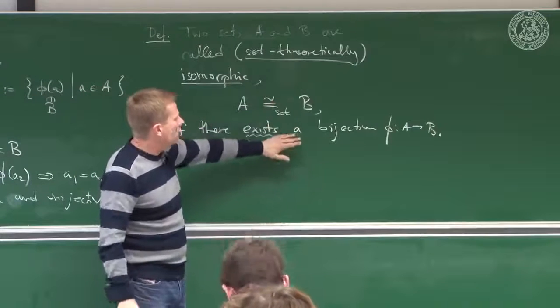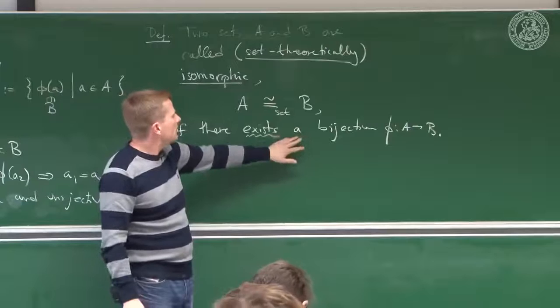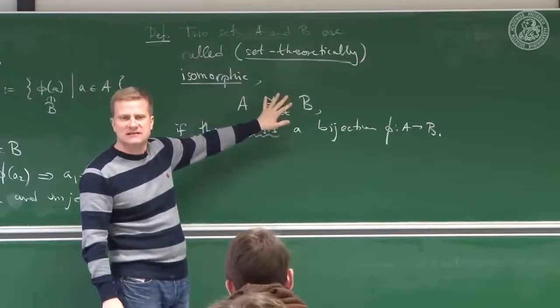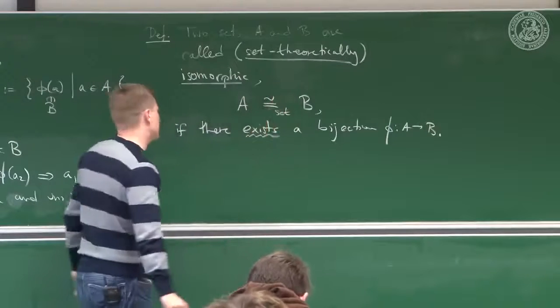And by not asking for a particular bijection, how would we? Actually, this becomes a property of the two sets. They are such that there is such a bijection.